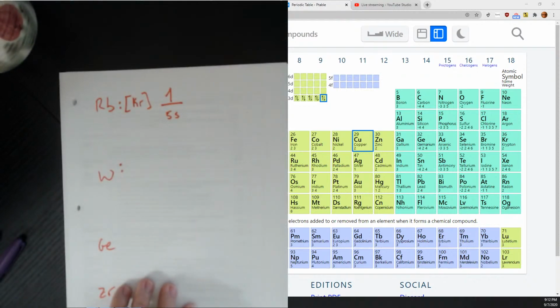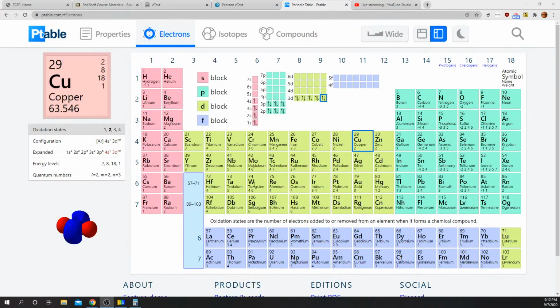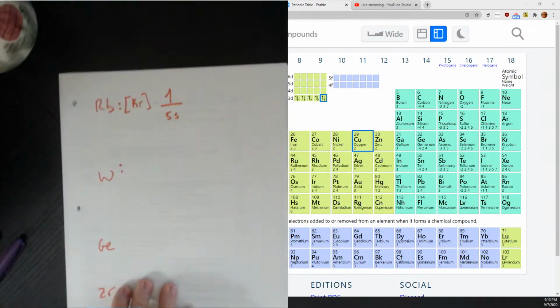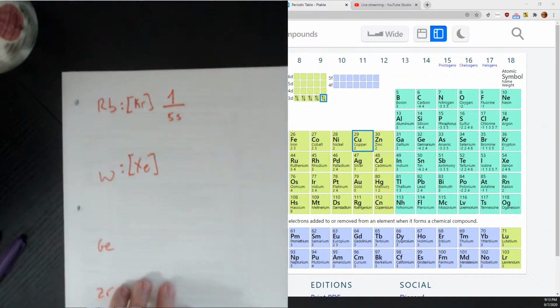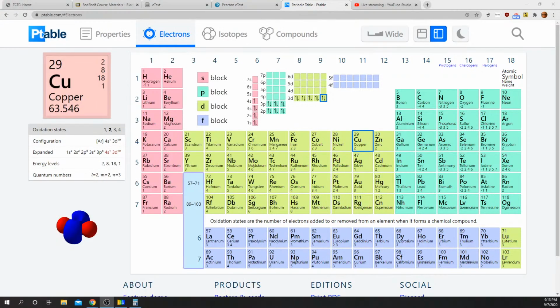You can just barely not see it. It is right here, element 74. Previous noble gas is xenon. Okay, so to make this easy, we're going to go from 6s up to 5d.